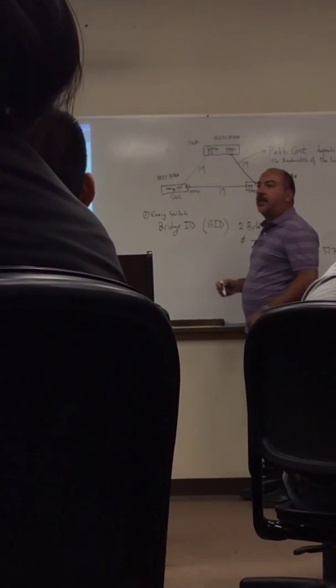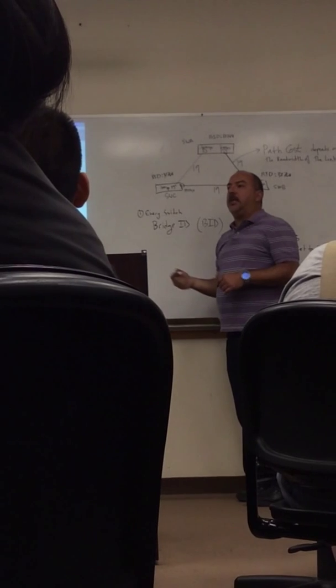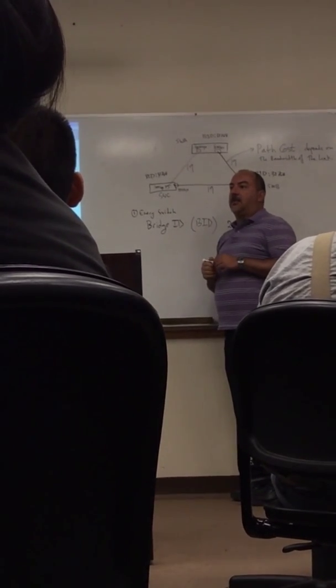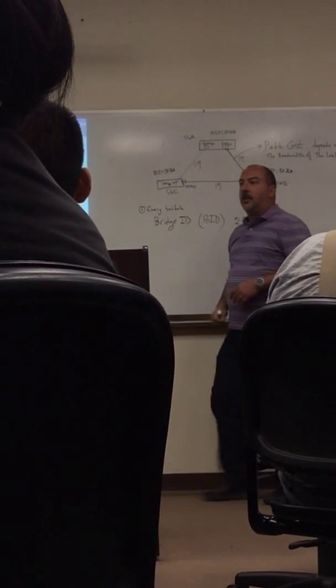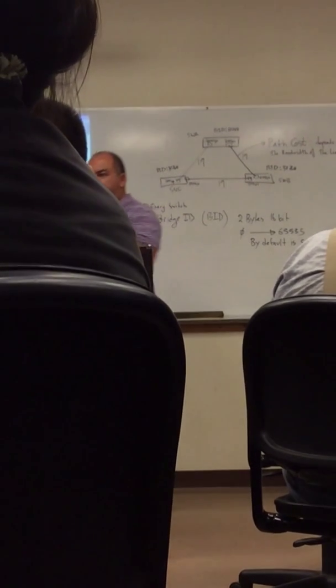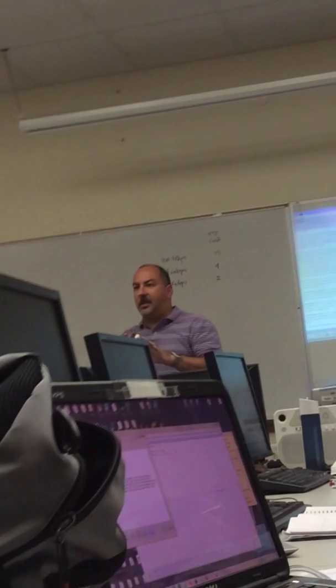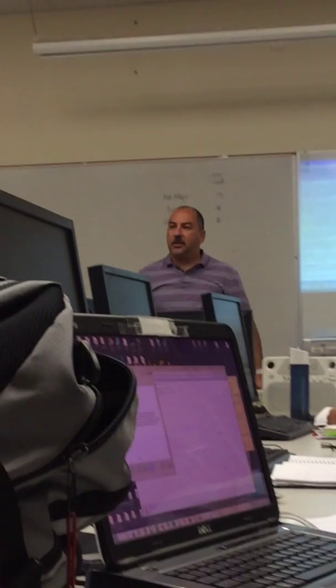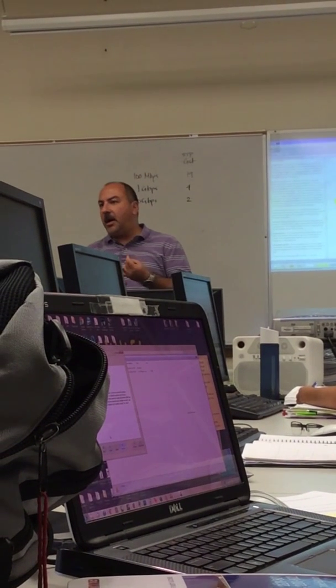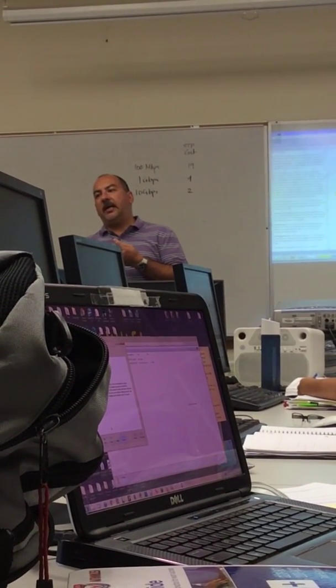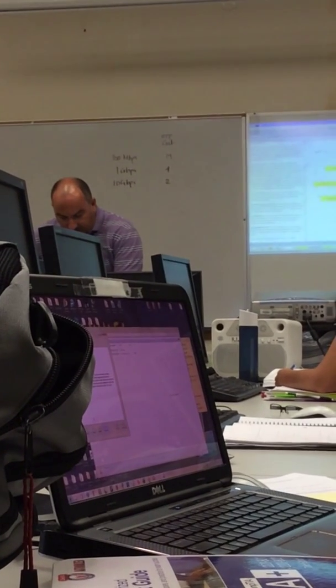Okay? So this is another tool that is going to be used by the spanning tree to figure out how to block the ports. Okay? So far we haven't got into the spanning tree. This is just some of the stuff that will be used. So you need to know the path cost, you need to know the BID or the bridge ID for that.